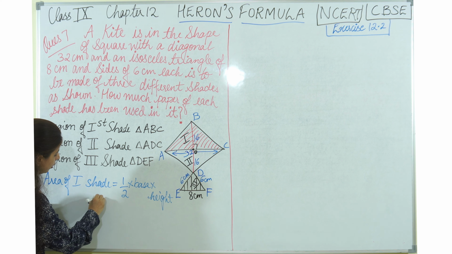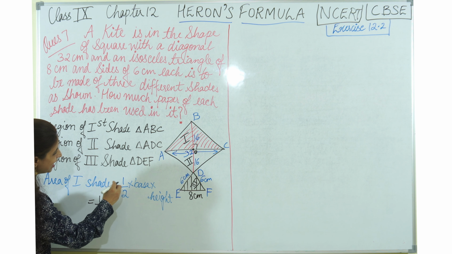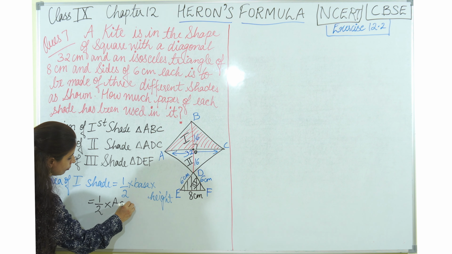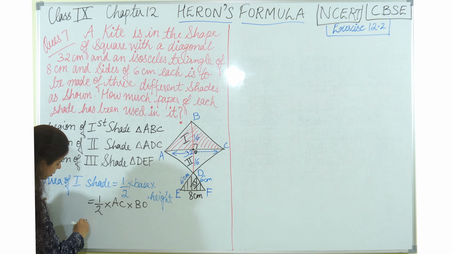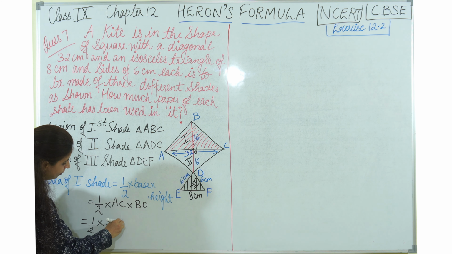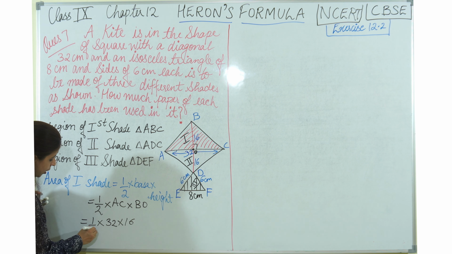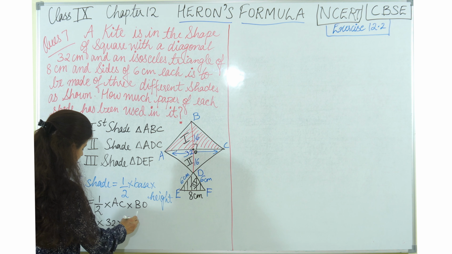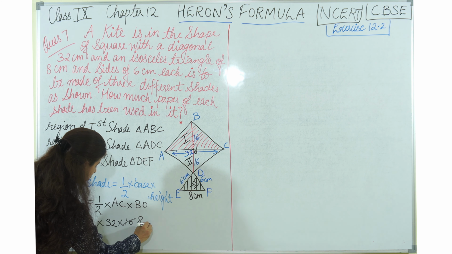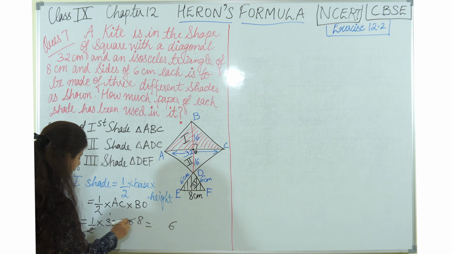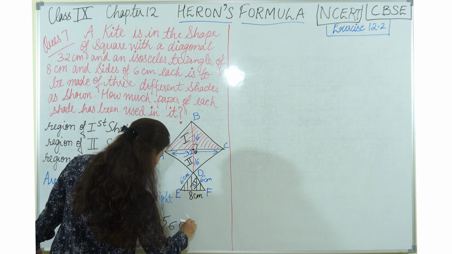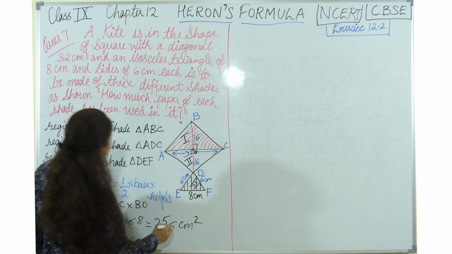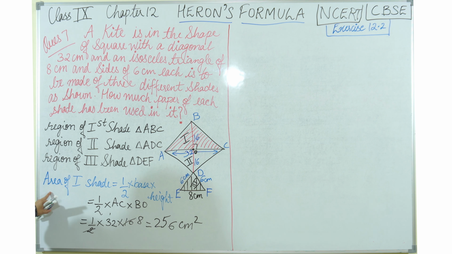So it will be equal to half base AC and height BO. Half base is 32 and BO is 16. So it gets cancelled and I'll be getting 16 into 16, 256 centimeter square.